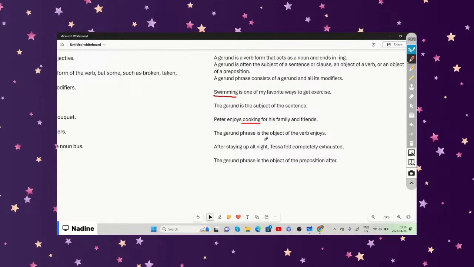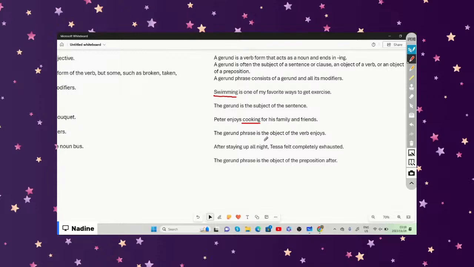It's a verb form, but it acts sometimes as a noun. So cooking ends in ing. In this case, it is now the object of the verb enjoys. So what does he enjoy? Cooking. Cooking is what he enjoys.